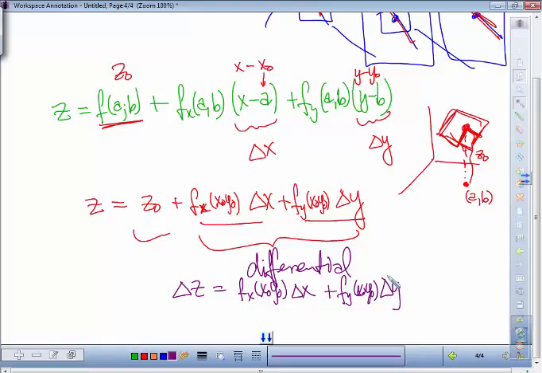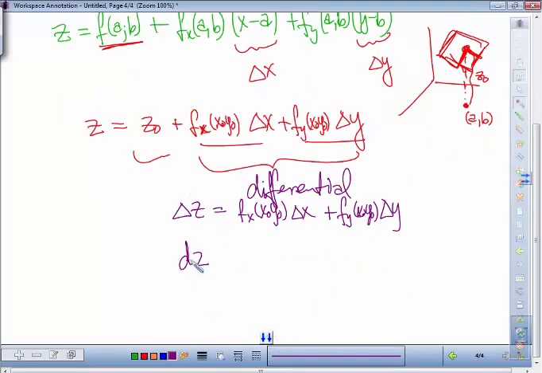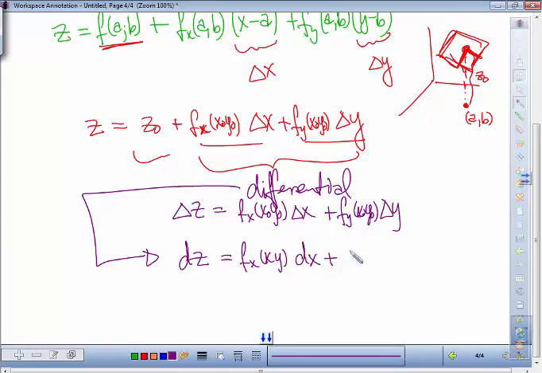Since we've eliminated all the offsets and we're just looking at the change, and the change is all linear, we are now allowed to call this a dz. And so this is where it becomes a differential. dz equals fx of xy dx plus fy of xy dy.